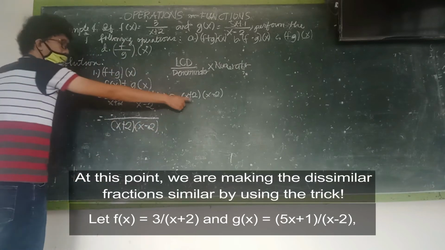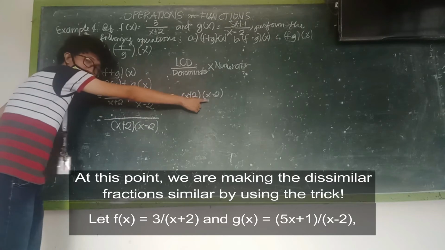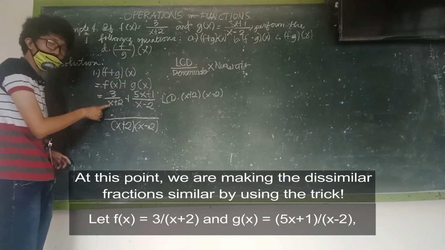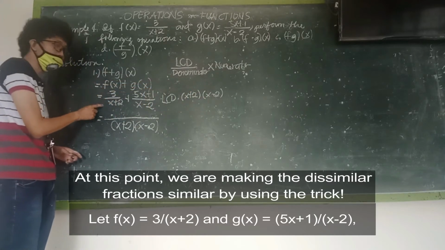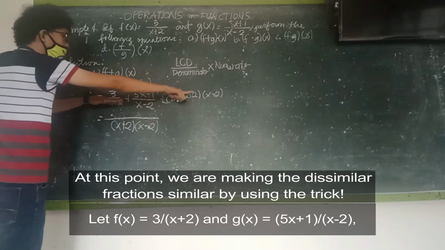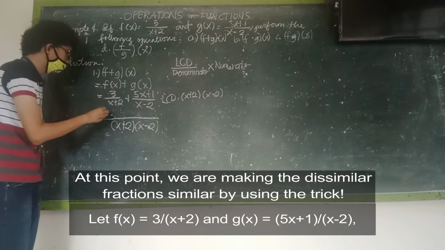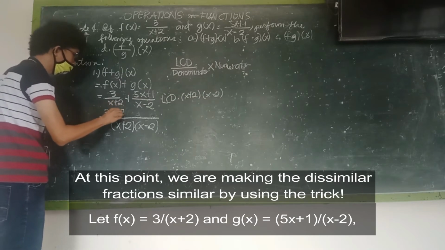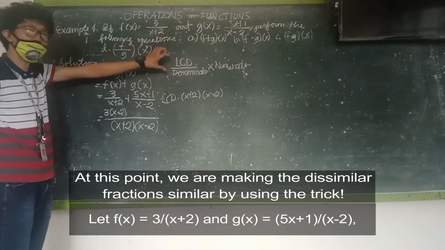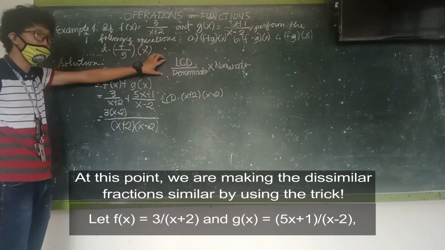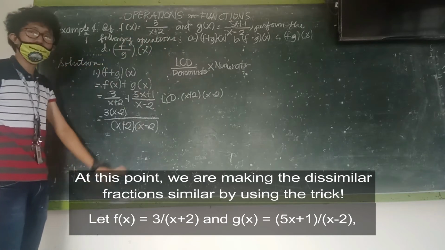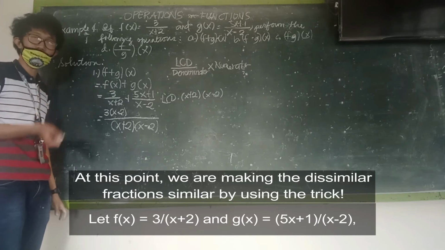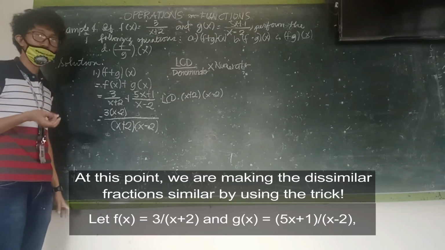So we have x plus 2 times x minus 2, i-divide natin sa x plus 2 sa first natin na rational expression. So, itong x plus 2 matatanggal, x minus 2 lang ang matitira. So, magiging 3 multiplied by x minus 2. We will perform this formula if we are adding or subtracting dissimilar rational expressions.